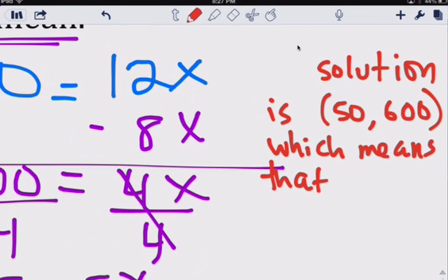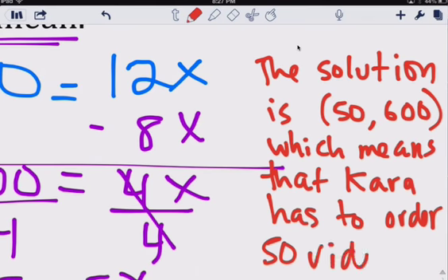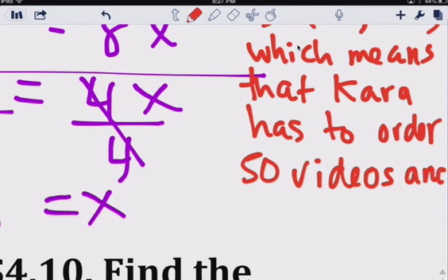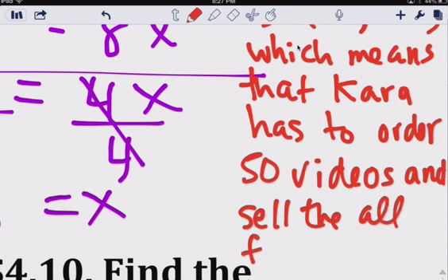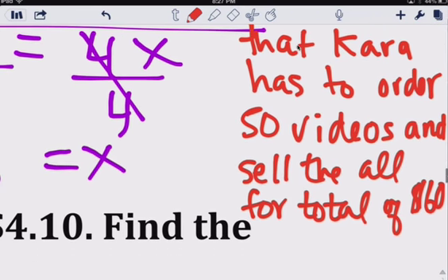Well, let's say the solution: Kiara has to order 50 videos, because x is the number of videos, and sell them all for a total of $600 to break even, which means to make no money.